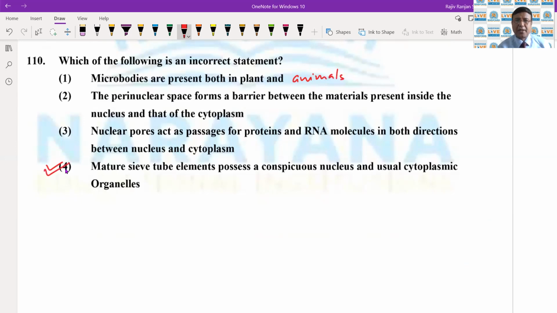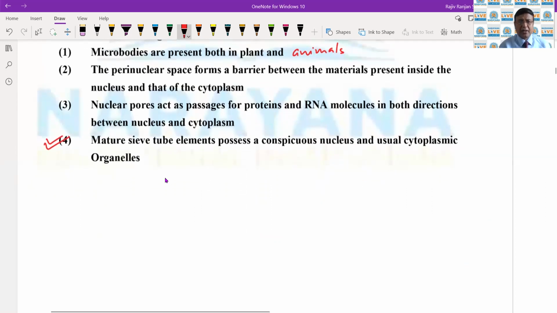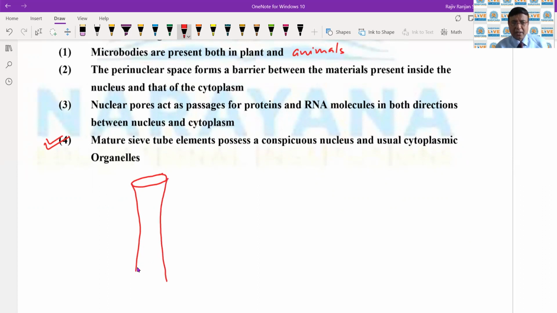This is the incorrect statement. It is because the sieve tube elements found in the angiosperms do not have the nucleus, but they are living cells, and in order to maintain their metabolism and control their activity, there is a companion cell. Okay, so if we see the structure of a sieve tube, I must mention that there are two types of sieve elements. One is the sieve tube and the other is the sieve cells.